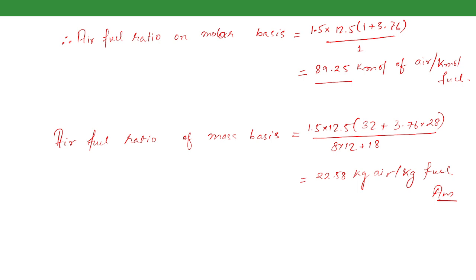Suppose we have been told that we are using 200% of the theoretical air, then the air fuel ratio will become 200% of what we find from the theoretical air calculation. So they vary with the same factor.